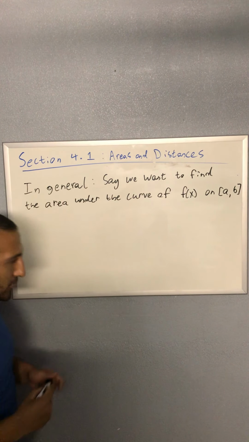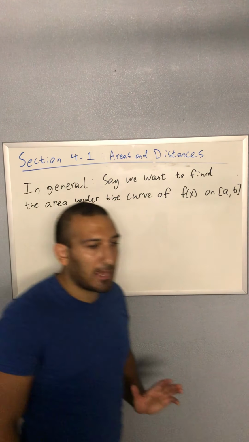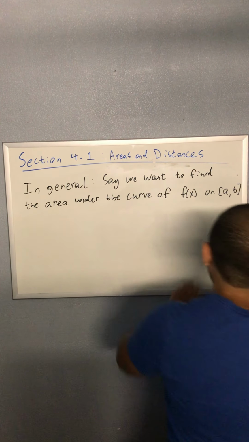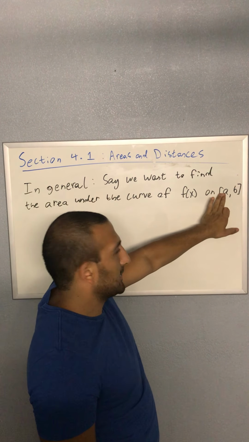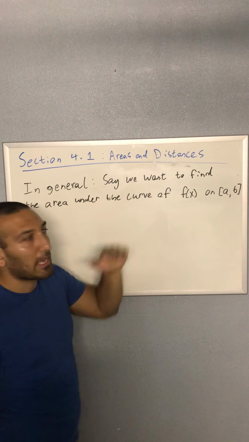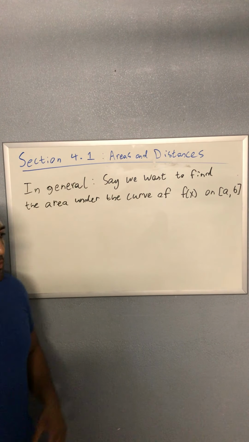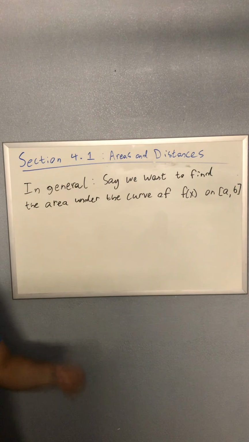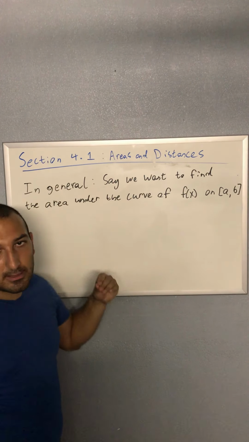So we take some arbitrary function and we consider it on the interval a to b. So a and b are completely arbitrary. Now, in our example, a was 0 and b was 1, and this was x squared. But we want to do this in a general setting so that we don't have to keep thinking about what's going on as much, so we can streamline this process. And we will get to this in the next video.